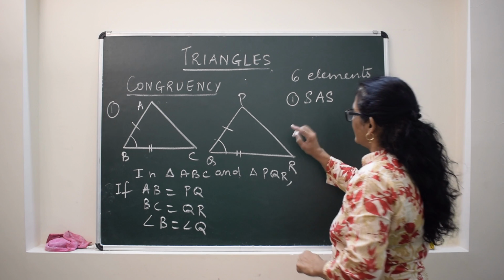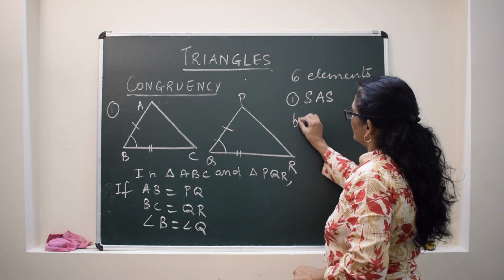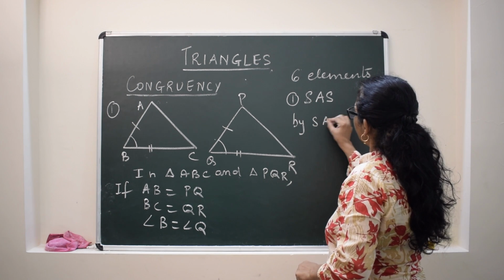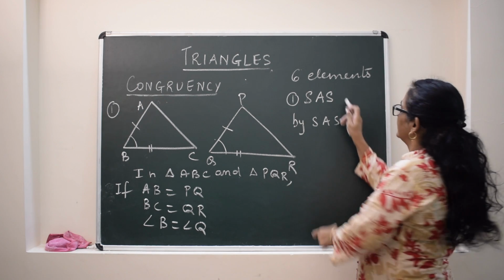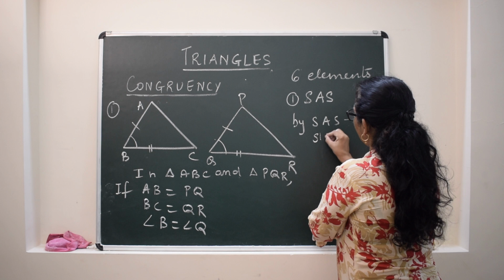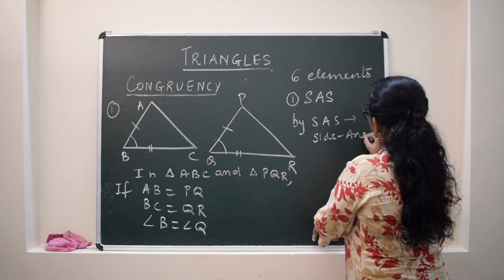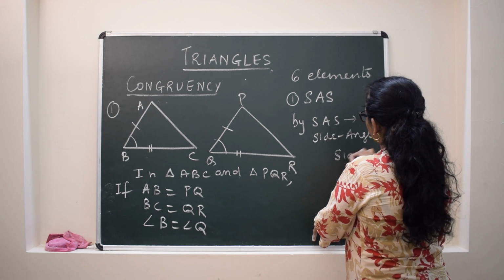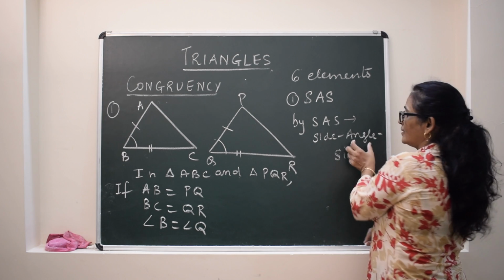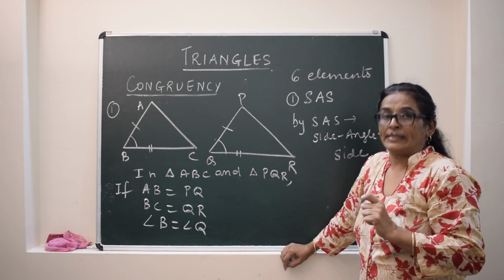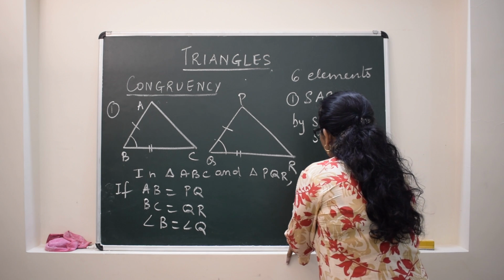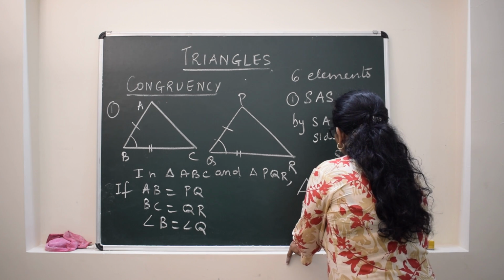But when we will write it, then we will say, so by SAS, which says side, angle, side. This is side, angle, side. Means the angle is included. When we write the congruency, then it is to be written in this form.